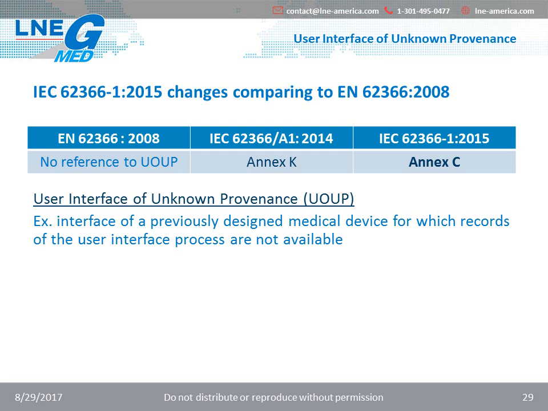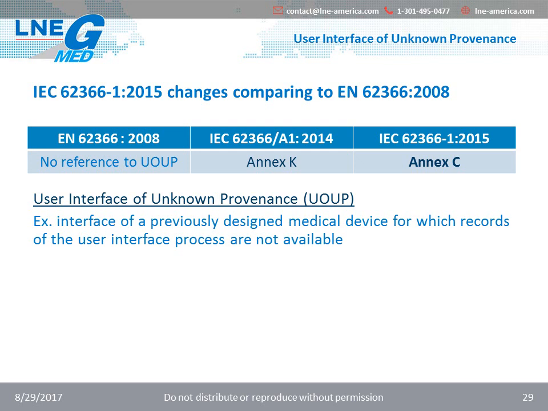However, since IEC 62366-1 2015 considers usability engineering as part of the product development process, it should be noted that if the user interface or part of the user interface was not developed using the processes of this standard, it is considered as unknown provenance with respect to this process.